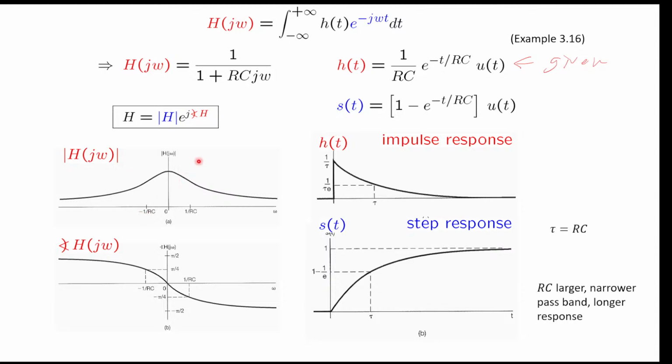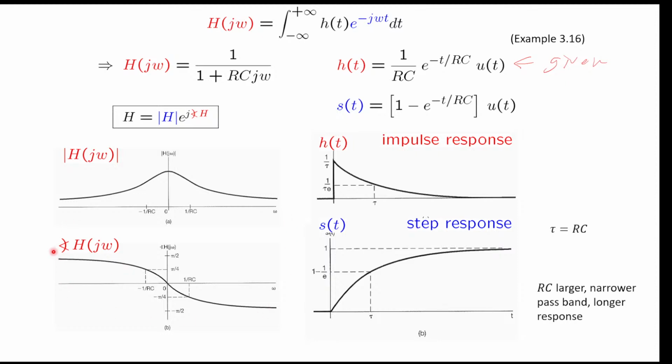And you see that it kind of cuts off. It's not a hard cutoff as we have in the ideal filter, but it starts to decay around this 1 over RC point, because we have RC here. There are, I guess, two ways it is not ideal.